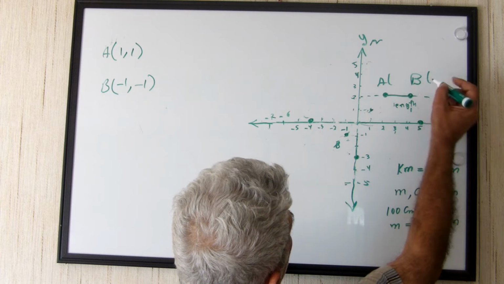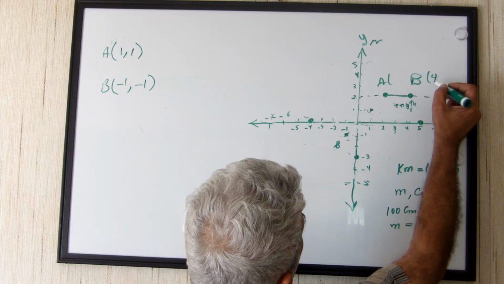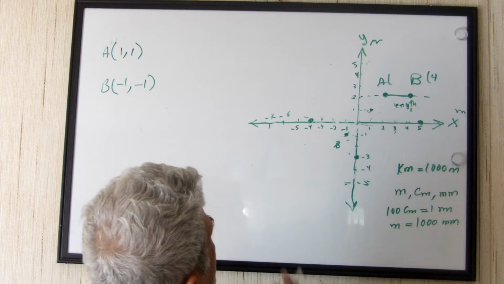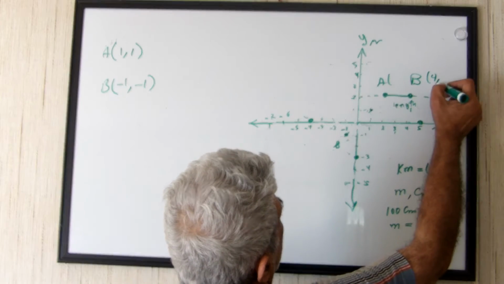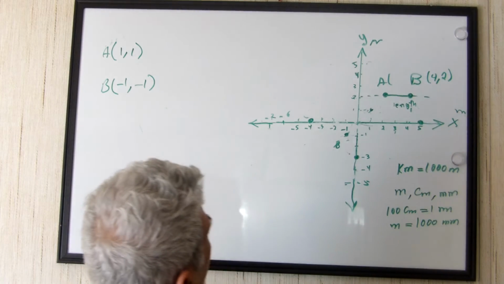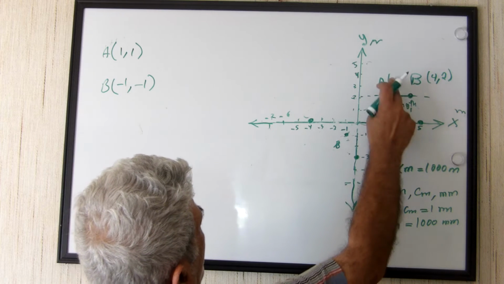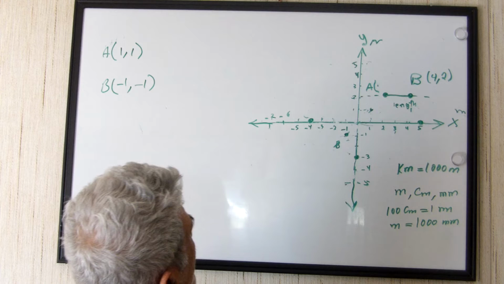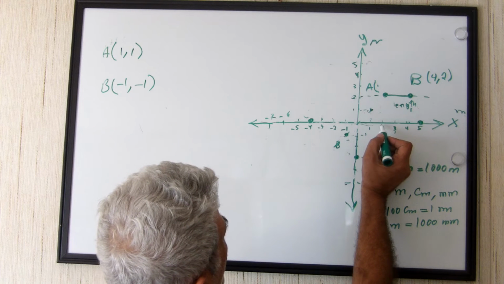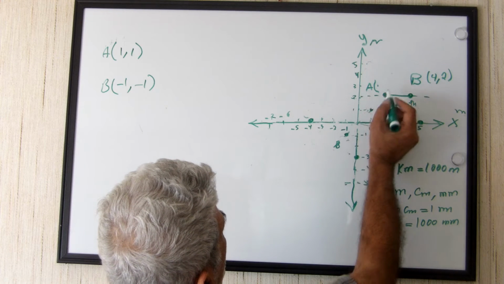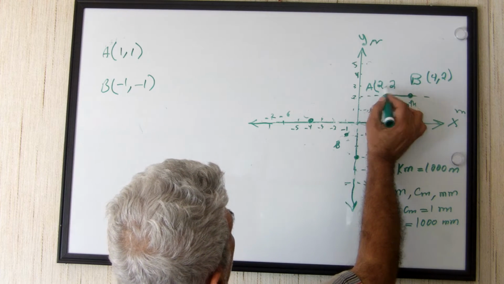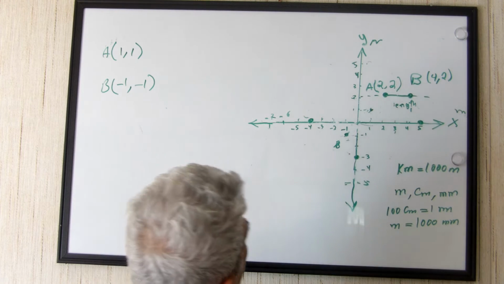B has x equal to 4 and y equal to 2. A has x equal to 2 and y equal to 2.